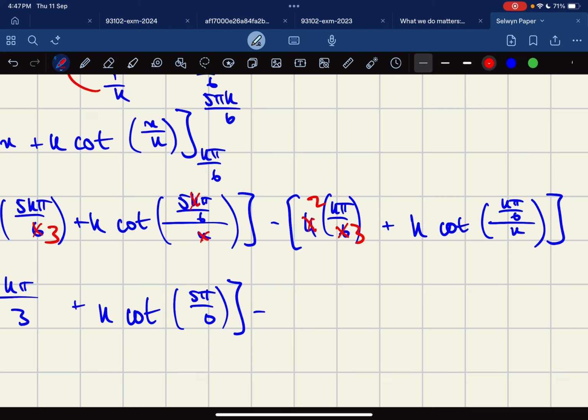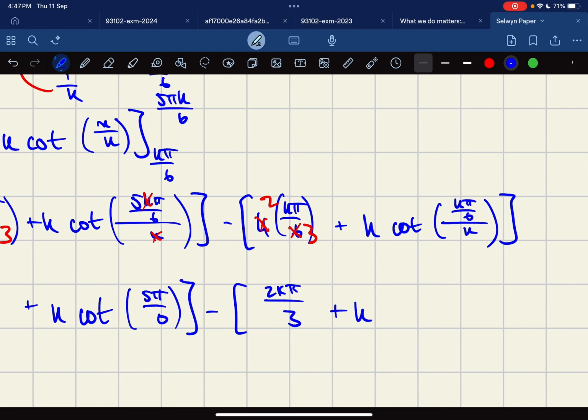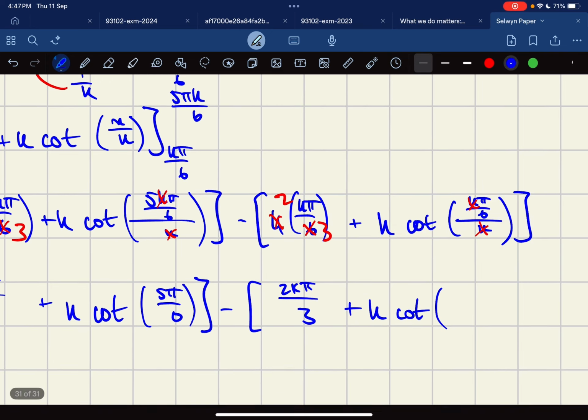So this is 2k pi over 3 plus k times cotangent of, again, the k's cancel each other out here, so that's just pi over 6.